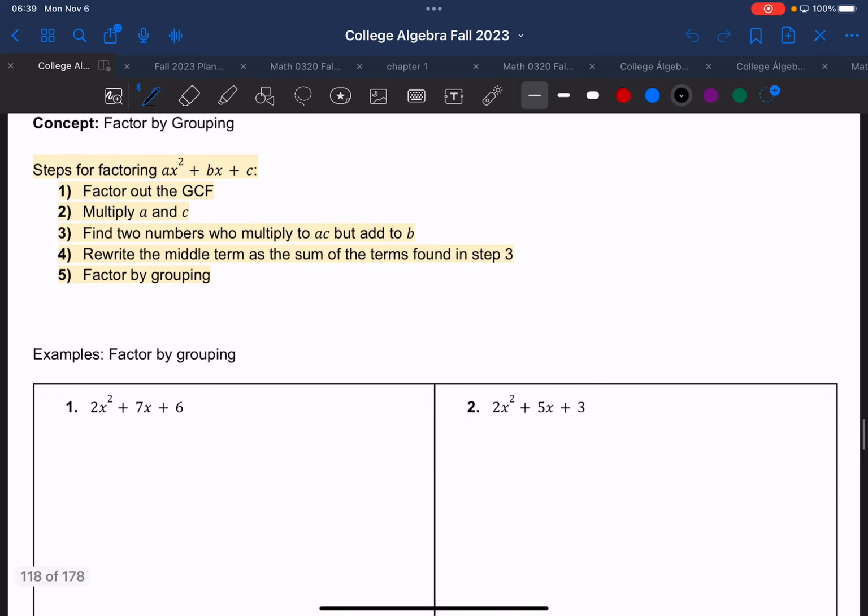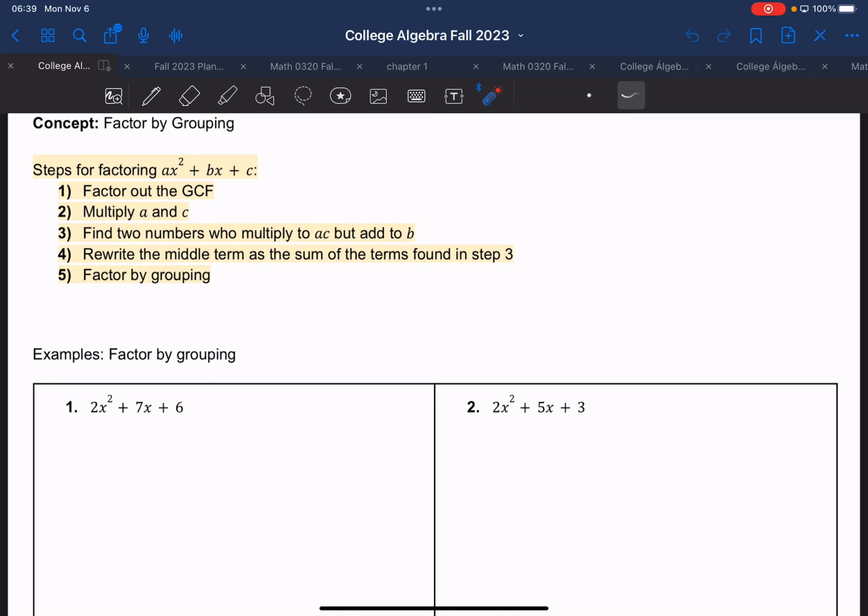So here are the steps for factoring. We first have to see if it has a GCF, so we look at all the numbers and see if we can take out any additional number. Then we multiply the A and C values. In example 1, the A value would be 2. What would the C value be? 6.